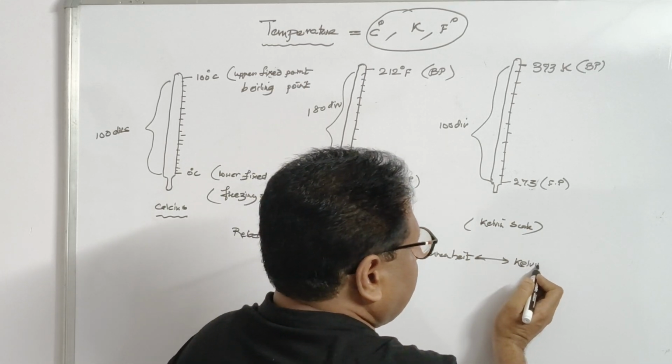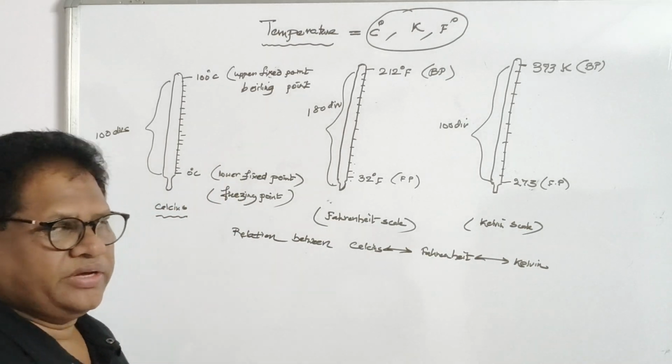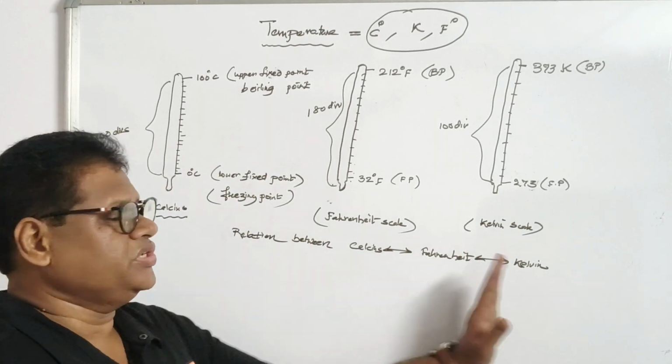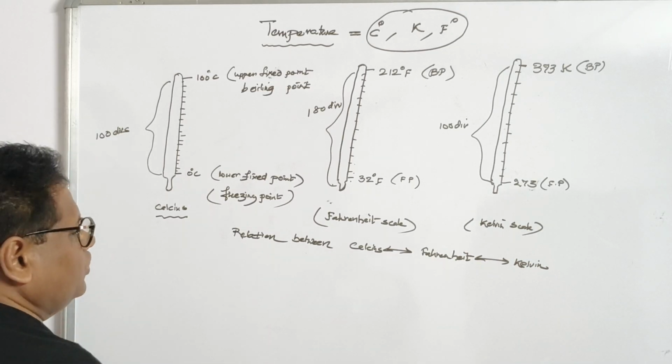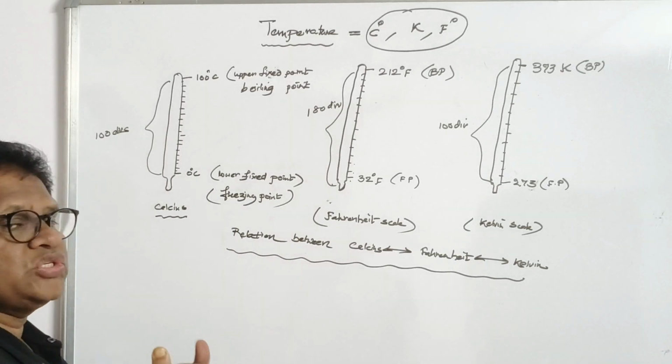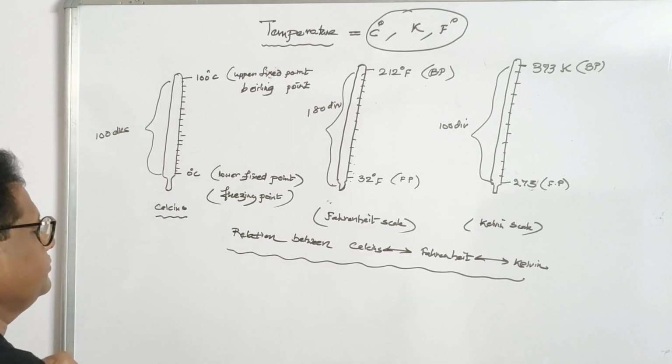In fact, the sums that you are getting are actually using the relations between the three scales, right? So we are going to derive the relation and then apply that in solving the numericals, right?